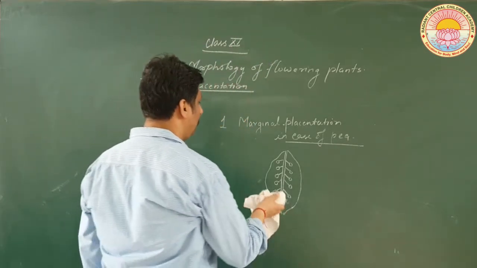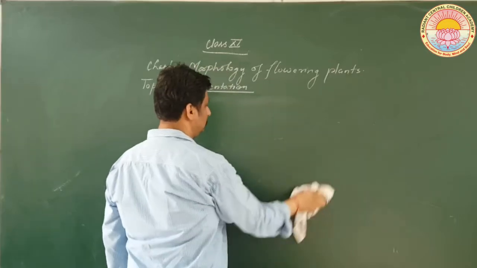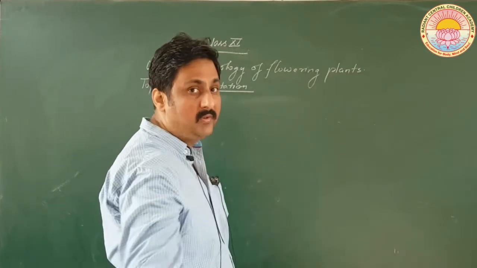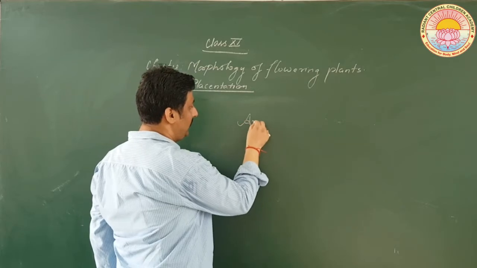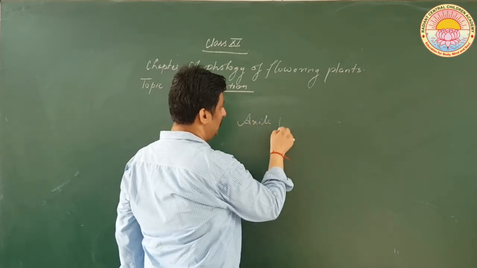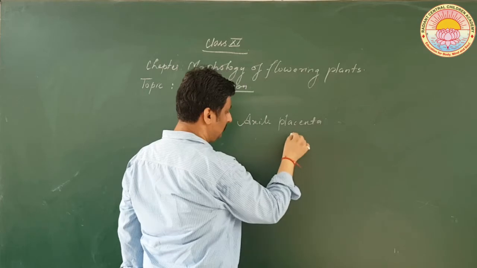Now let us talk about axile placentation. How are the ovules distributed along the placenta in case of axile placentation? Let us first of all draw a diagram.